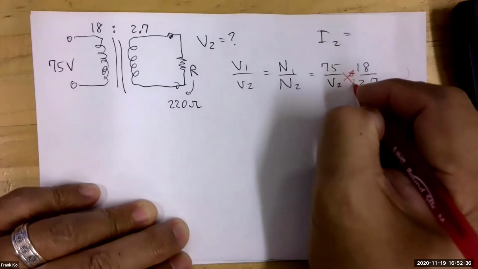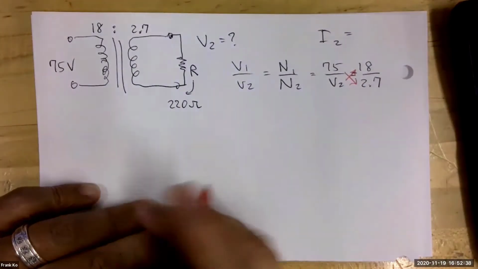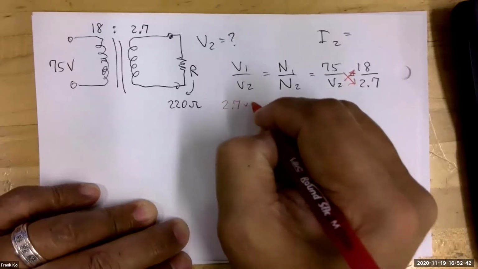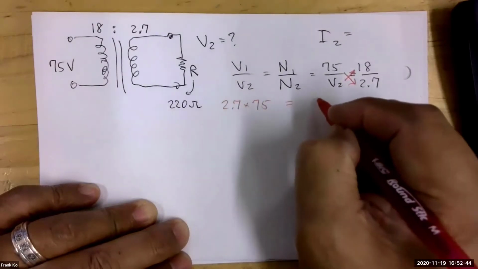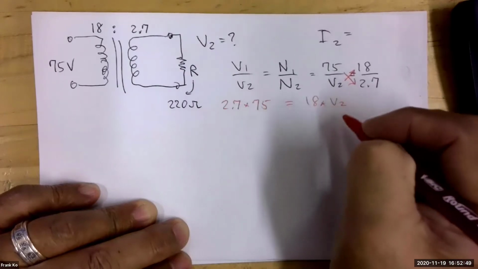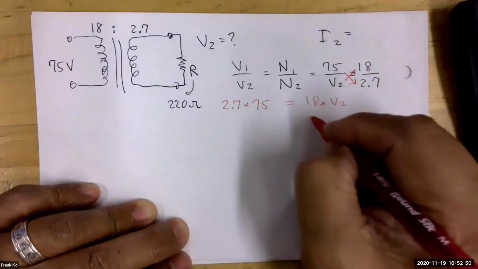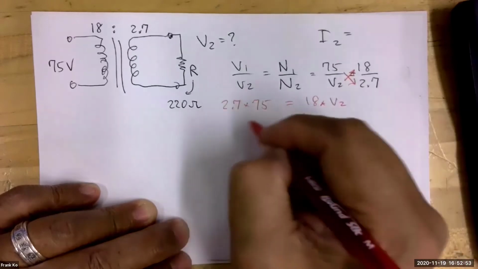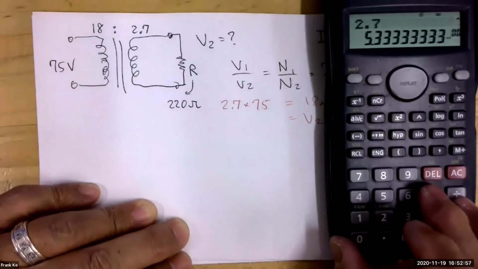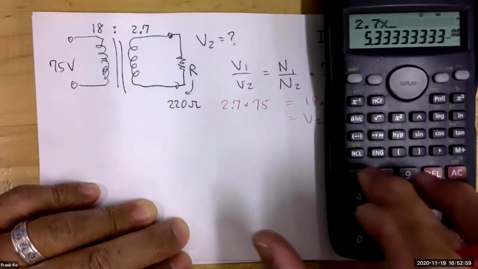We're going to cross multiply, and let's go ahead and write this out. 2.7 times 75 is going to be equal to 18 times V2. And V2 will be equal to, let's do our 2.7 times 75.